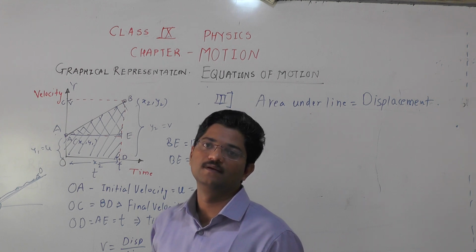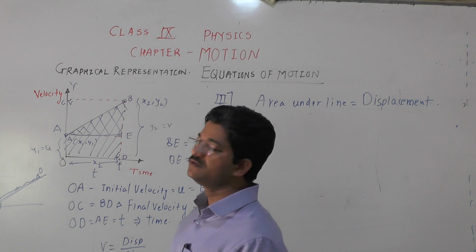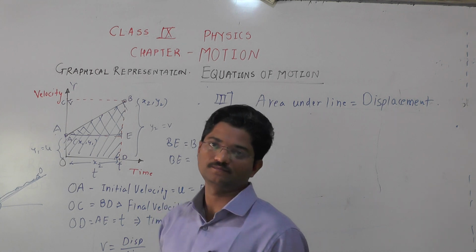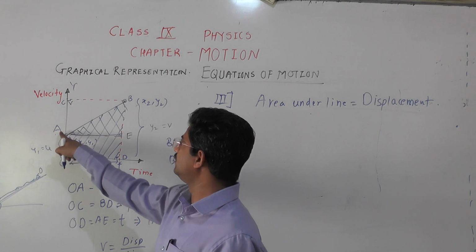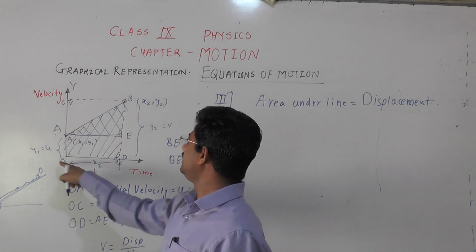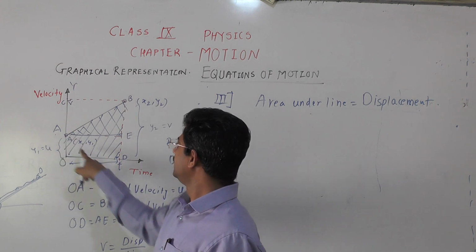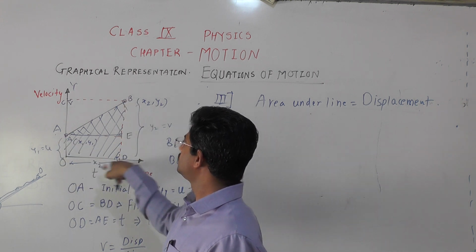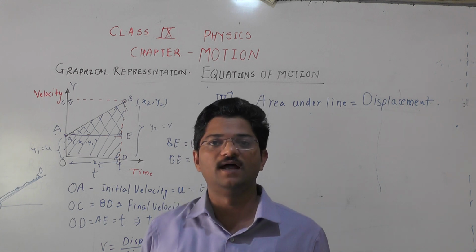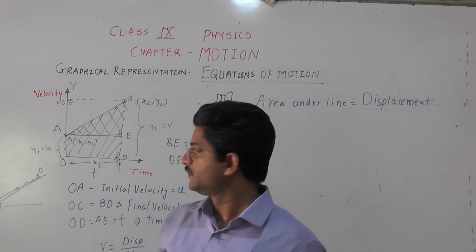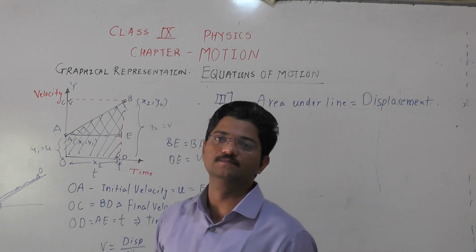A trapezium is a kind of quadrilateral in which two sides are parallel. So here, this is also a quadrilateral OABD. In this, OA and BD are parallel to each other. Therefore, we can say that this figure OABD is a trapezium.